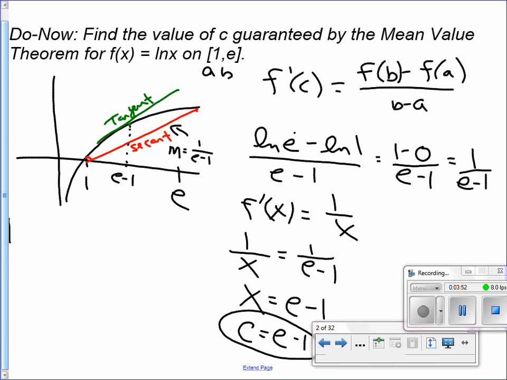Difference of the y's over difference in the x's, and you just set that equal to the derivative, which is 1 over x, and solve it. As long as your solution is in between the endpoints, that's your value c.